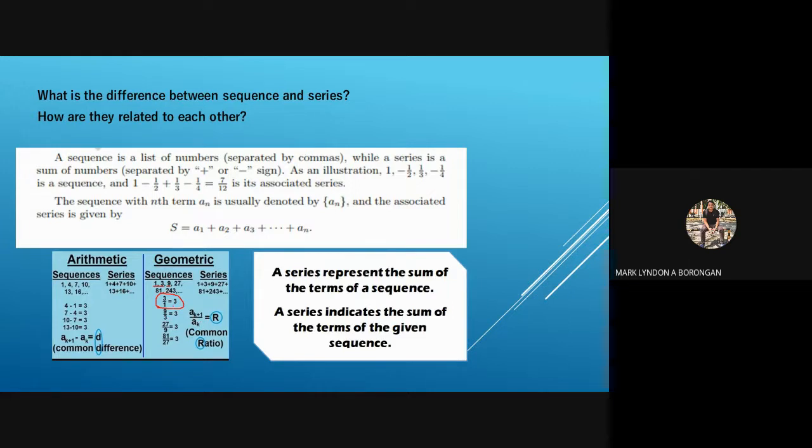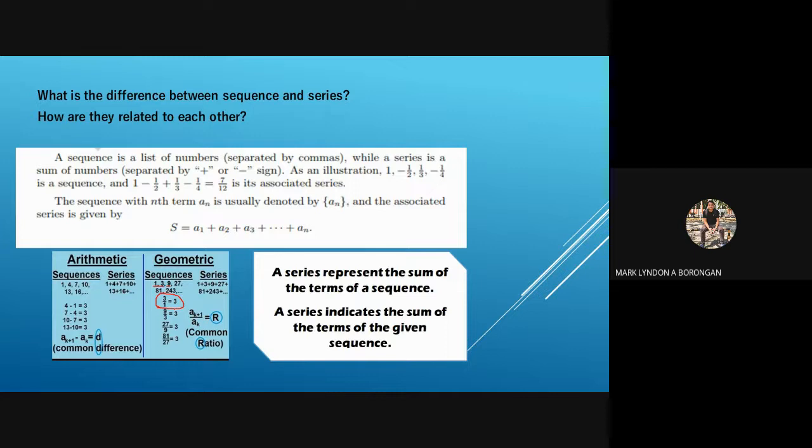So 9 divided by 3 is still 3. I suggest you test at least 2 or 3 times to see if the common ratio is consistent. If it is consistently 3, depending on your sequence, then you can pick it directly as your common ratio.